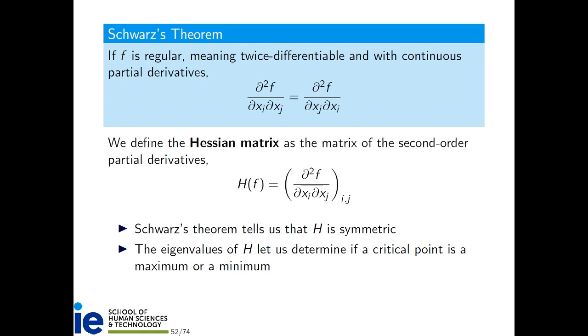For functions of one variable, we just had to look at the sign of the second derivative. Whilst here, it's a lot more complicated, and it's the eigenvalues of this matrix that tell us something about whether critical points are maximum or minimum, but we will not study any detail of this whatsoever, okay? It's just to give you a reference.